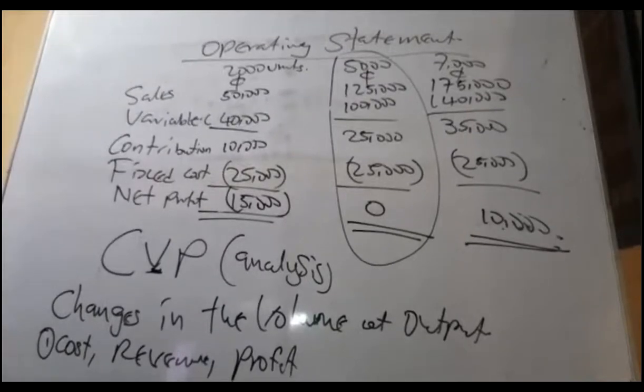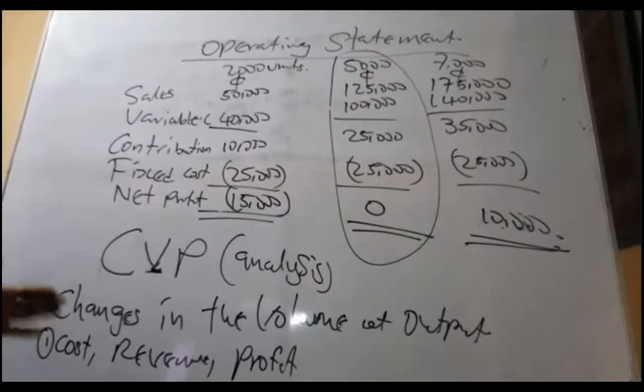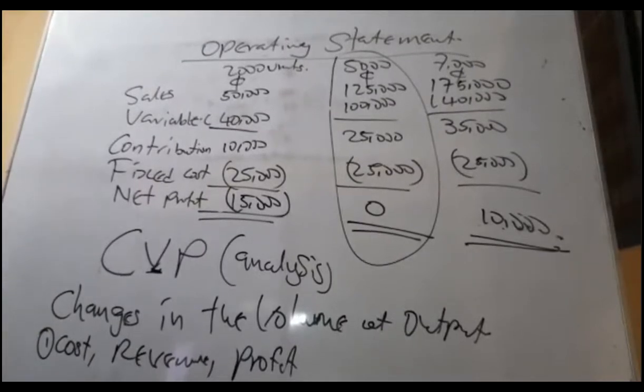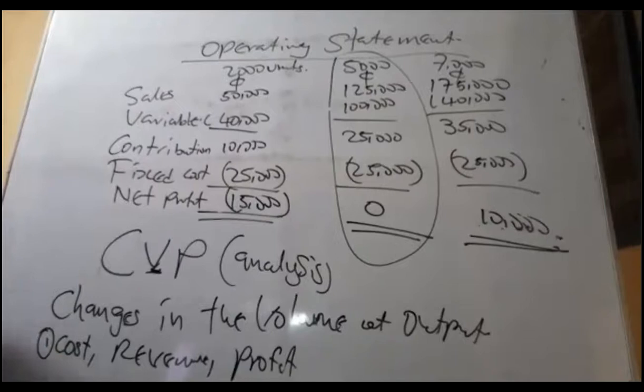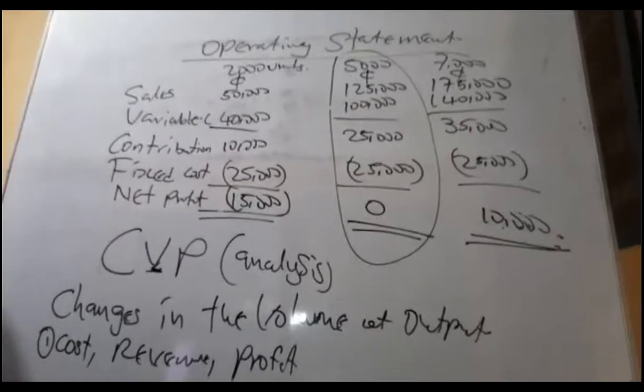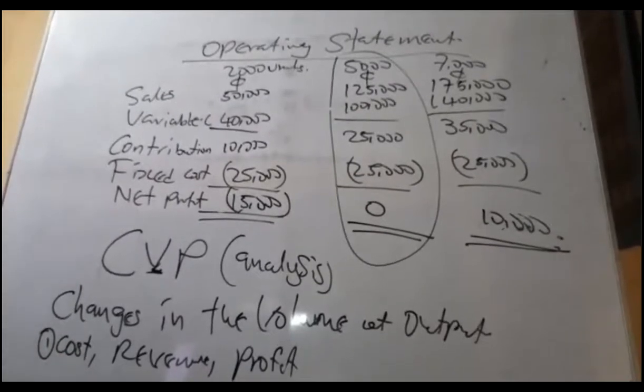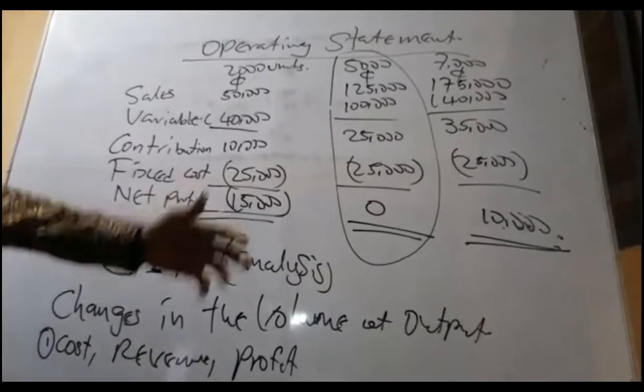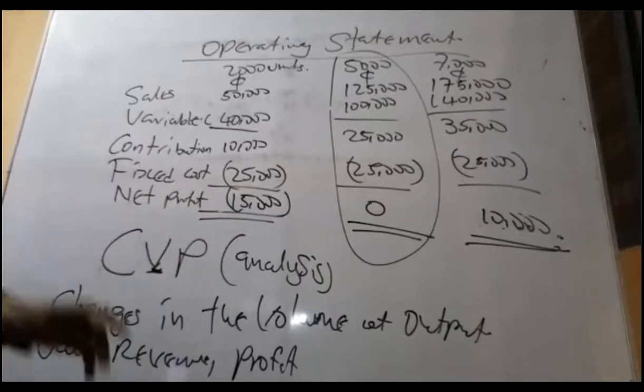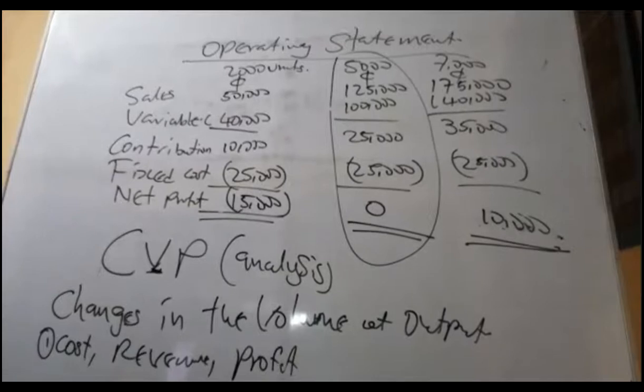Don't be surprised. So break-even analysis simply means we are analyzing the effect on profit, cost, and revenue with the changes in what? Output. So if you produce 10,000, what will be the profit? If you produce 5,000 units, what will be the profit? That is all about CVP. Great.